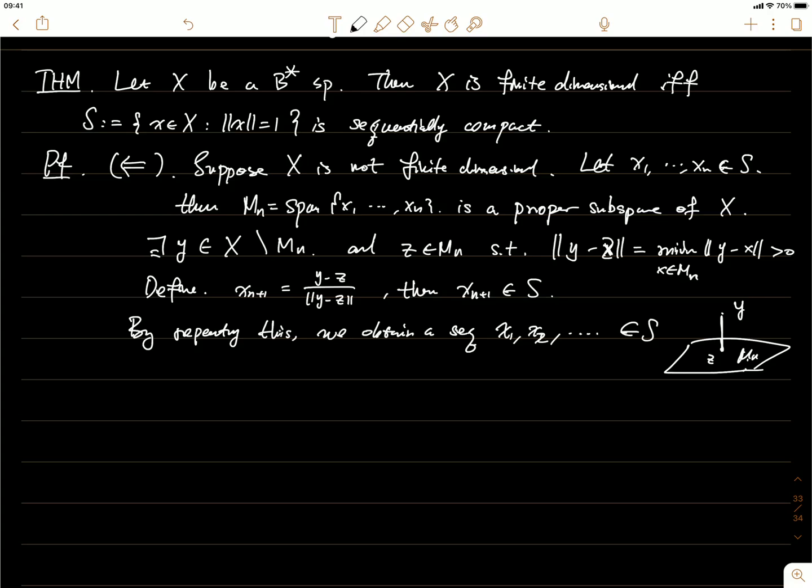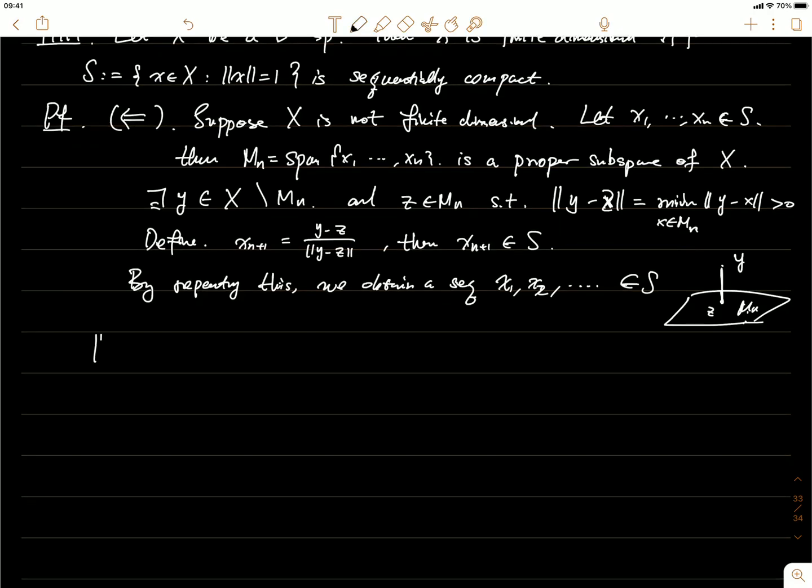Since if I have this as my x2, this is my x1, or in this particular case, as you can see, when I look at the distance between x_{n+1} and any other point, say x_i, say now x_{n+1} minus x_i, when I look at the distance between these two, I realize that it's nothing but y minus z over the norm of y minus z, minus x_i, right?